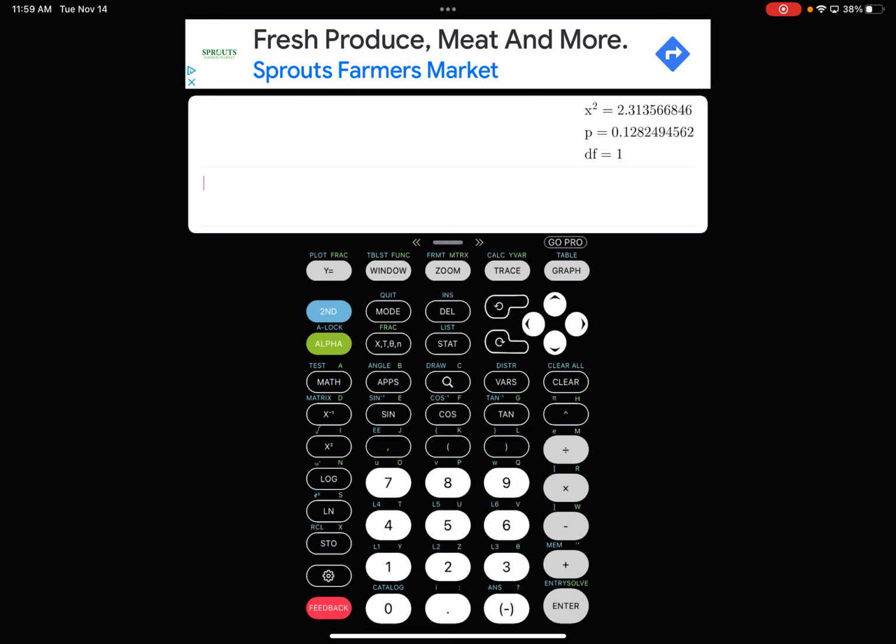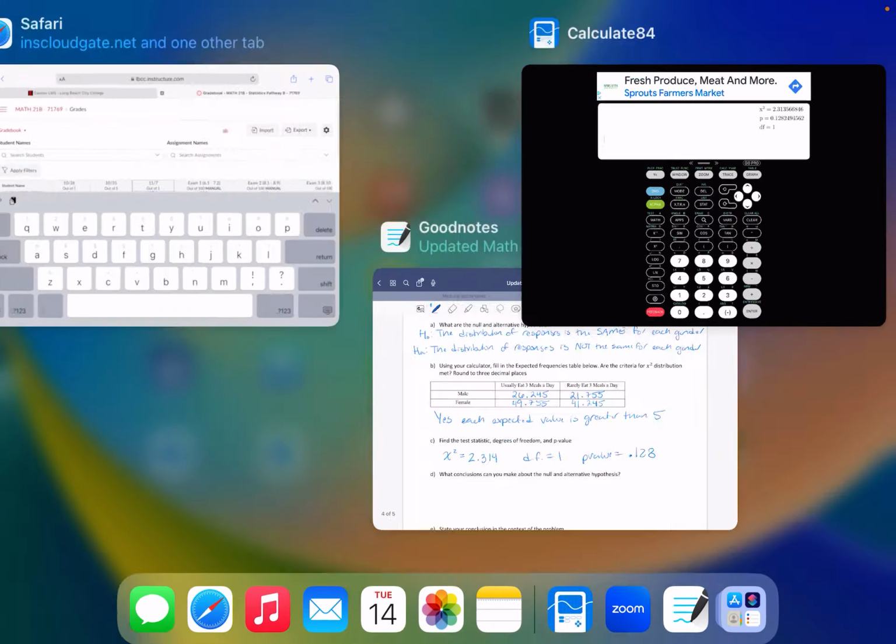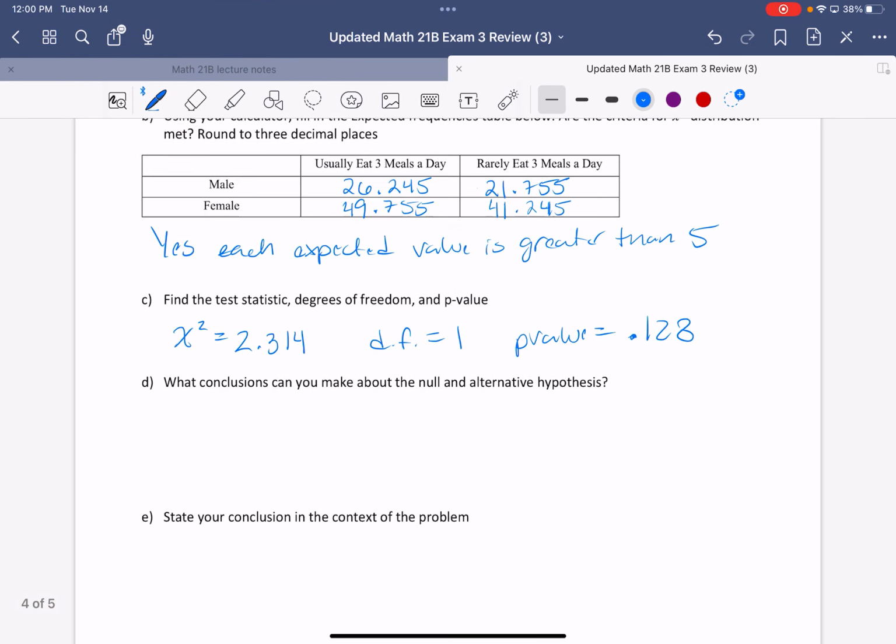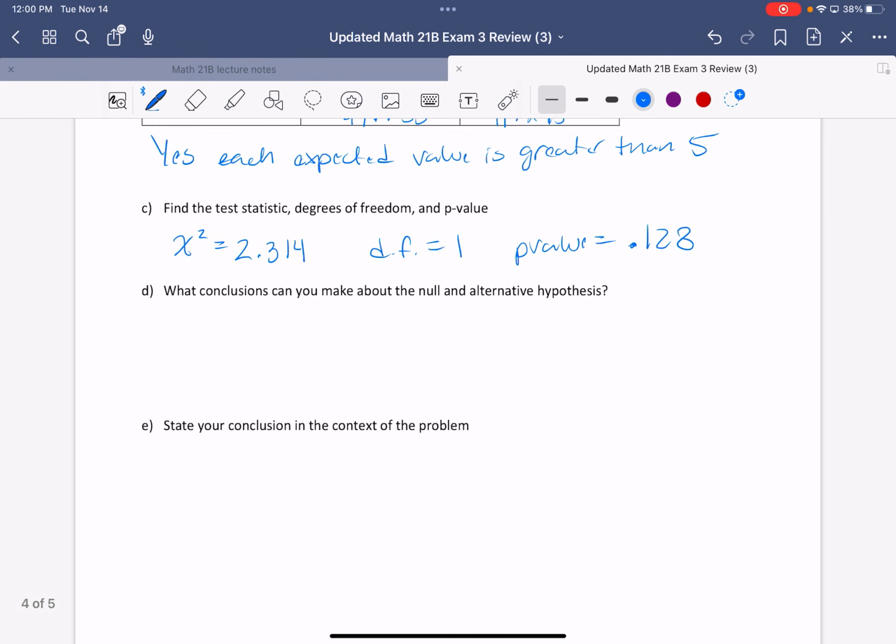Only go to 3 digits, and then go to the test. That gives you the test statistic, degrees of freedom, and the p-value.